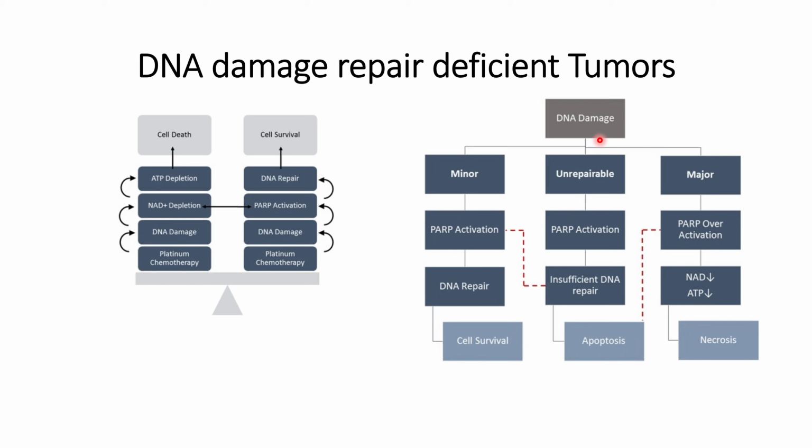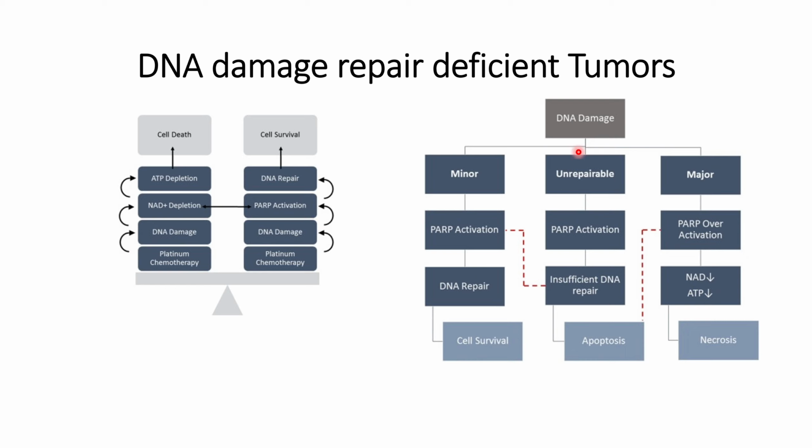three major possibilities. First one is if the DNA damage is minor, it will lead to PARP activation, and then it will lead to DNA repair and the cell will survive.